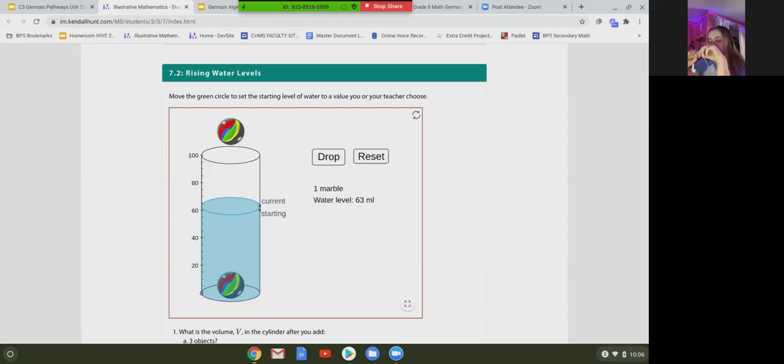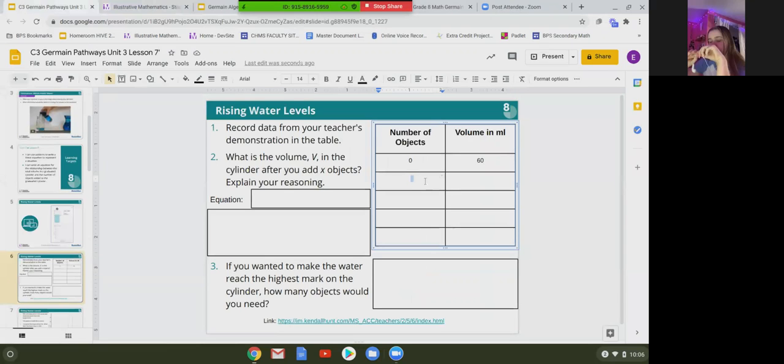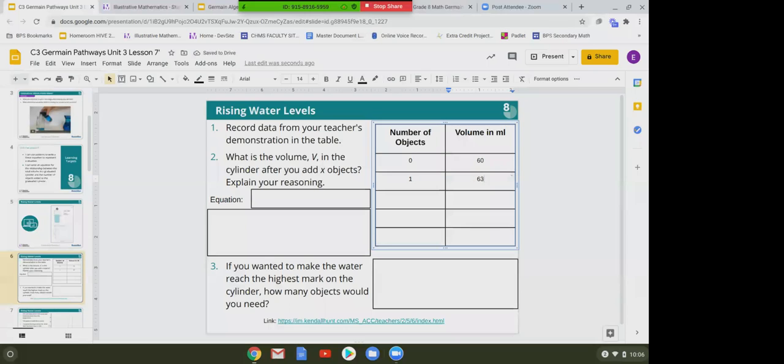Yes, when we have 1 marble in there, our water level is 63. So every time, this is a question now, every time I add 1 marble to my water, how many milliliters does it add? 3. Nice job.